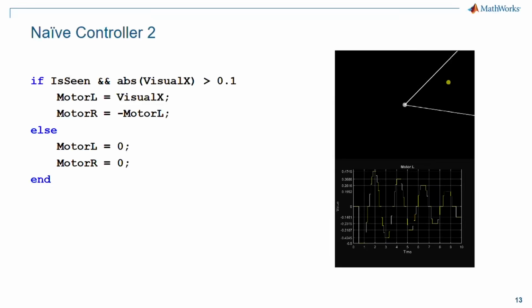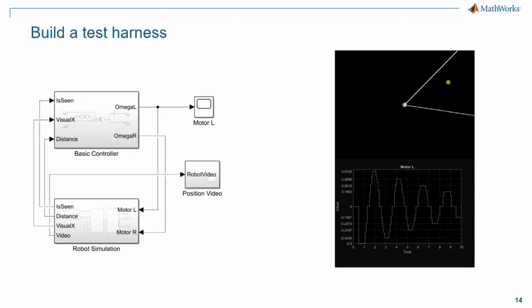Okay, so the naive approaches aren't working, and you can continue to try this a bit more, but actually what you want to do is, you need to have an understanding of what's actually going on. There's a couple of things you can do. The first one is, instead of trying to do this continuously on the robot, for the sake of prototyping a controller, I'm going to build the entire thing in software.